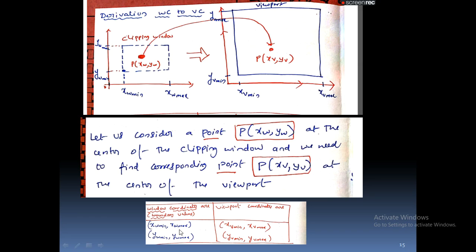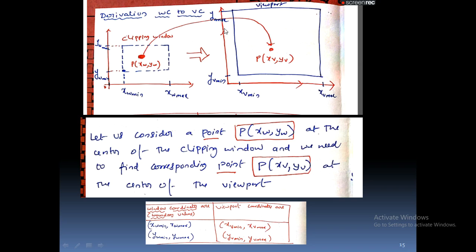So here the window boundary values are specified. These are the window coordinates, and I specified the viewport coordinates here.